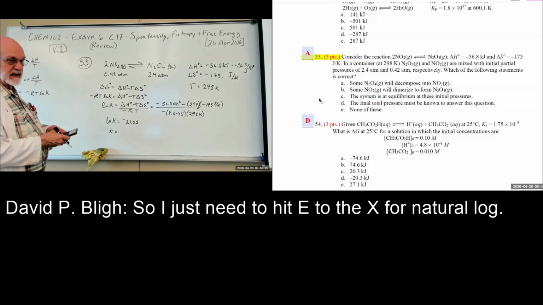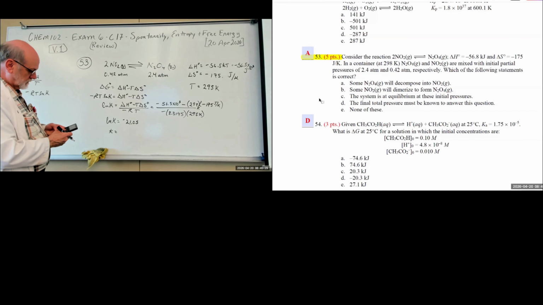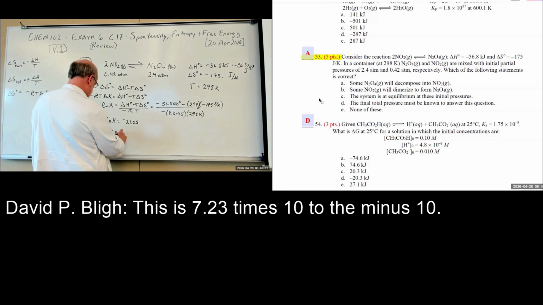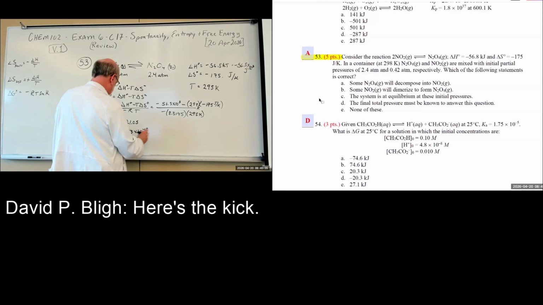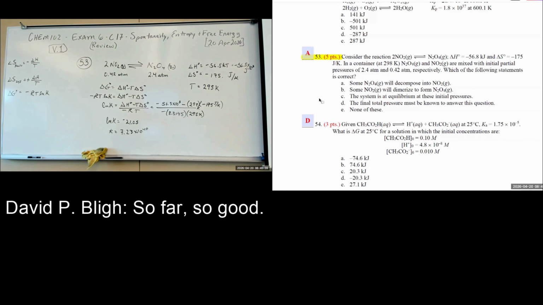So I just need to hit e to the x for natural log. This is 7.23 times 10 to the minus 10. Here's the K. So far, so good? I think so.